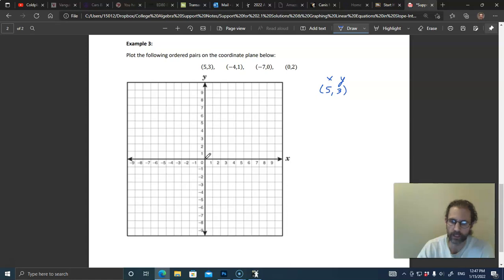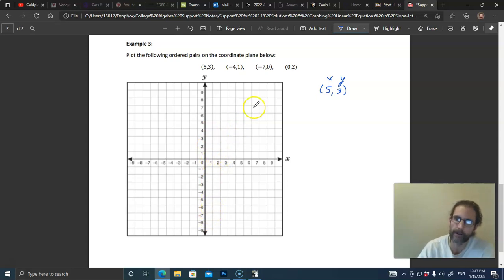Let's look at the x-axis. Values of x that are positive are over here to the right. Values of x that are negative are to the left. Values of y that are positive are above the x-axis, and values of y that are negative are down here. And these number lines are called axes.